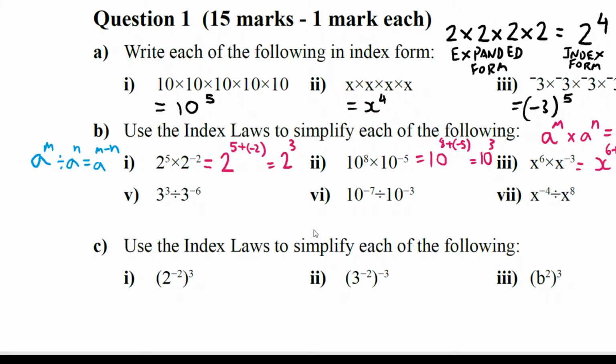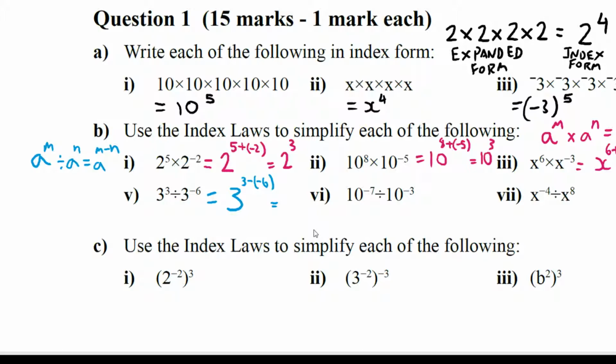And our base, it's a. So in our rule, it's a, but here it's going to be 3. So our base is 3. We've got 3, because it's divided, we take. So 3 take negative 6. 3 take negative 6 is 3 plus 6.